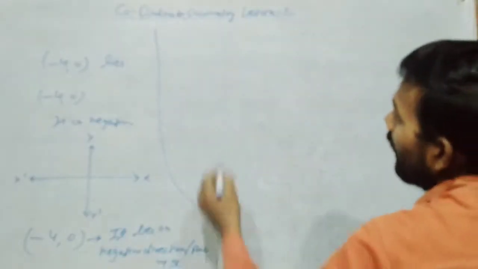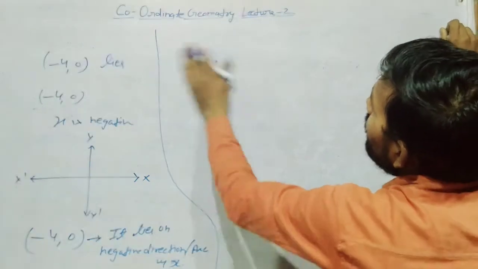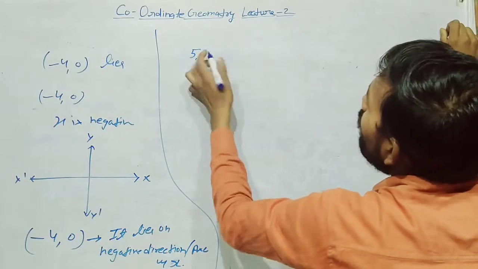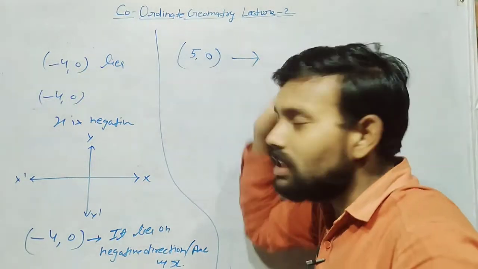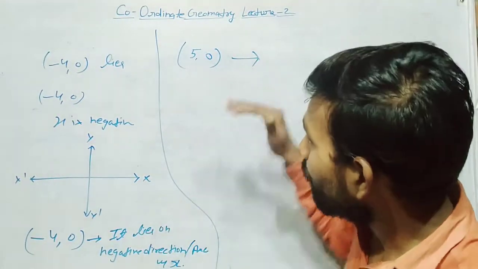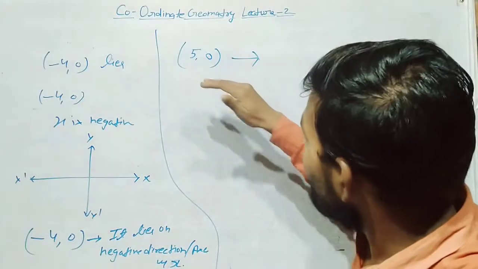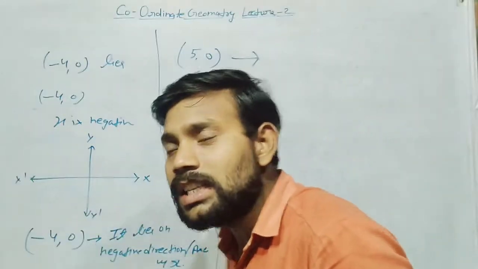Similarly, if we have to identify 5, 0, in which quadrant does 5, 0 lie? 5, 0 means x is not 0 but y is 0. If y is 0, then the point lies on the x-axis, and it is positive, so we can say the point lies on the positive direction of the x-axis.